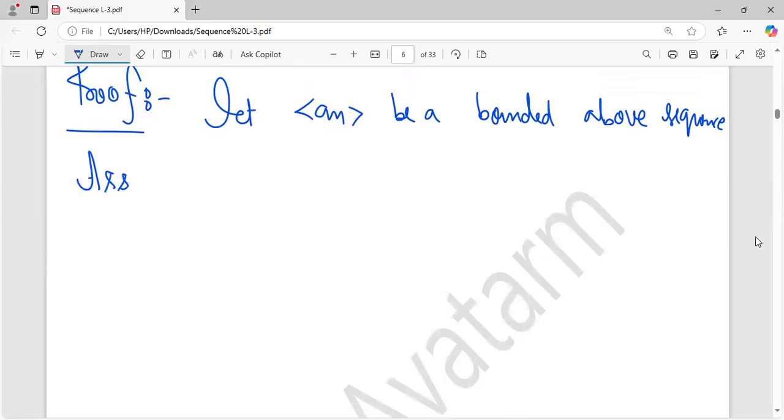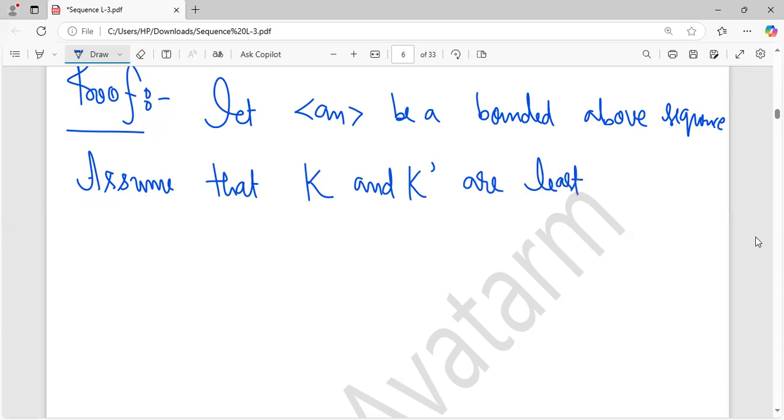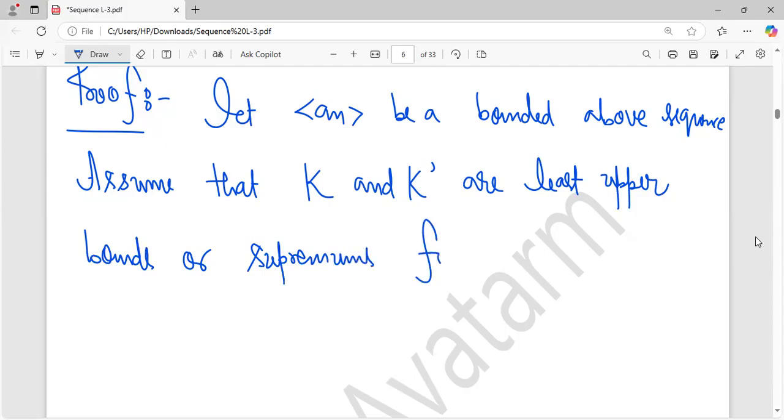Assume that K and K dash are least upper bounds, or supremums, for the sequence a_n.